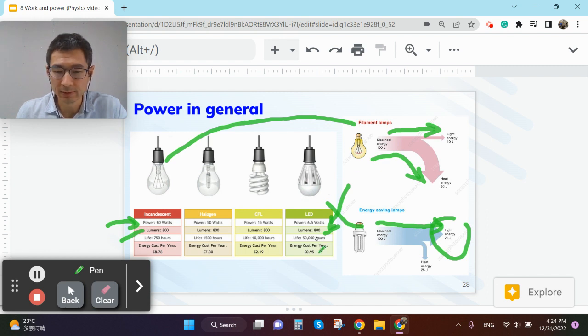So even though at the beginning the purchase price is higher for LED lights or CFL, compact fluorescent lamp, CFL is a little bit toxic.